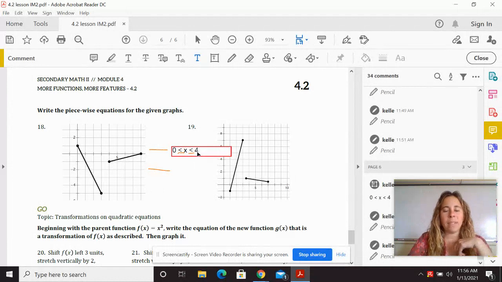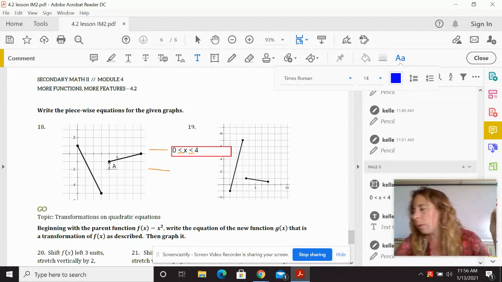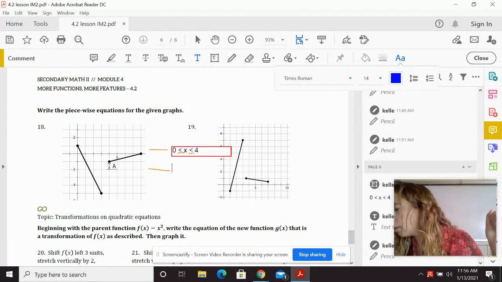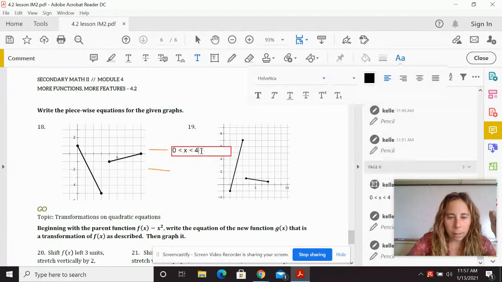This time you have to put equal to 4 here because look at the next one. If I'm writing the domain, it starts at, oh, it does start at 4. Did I do that wrong? 1, 2, 3, yeah, I did. It shouldn't have ended up like that. Hold on. So this is 3. My bad.